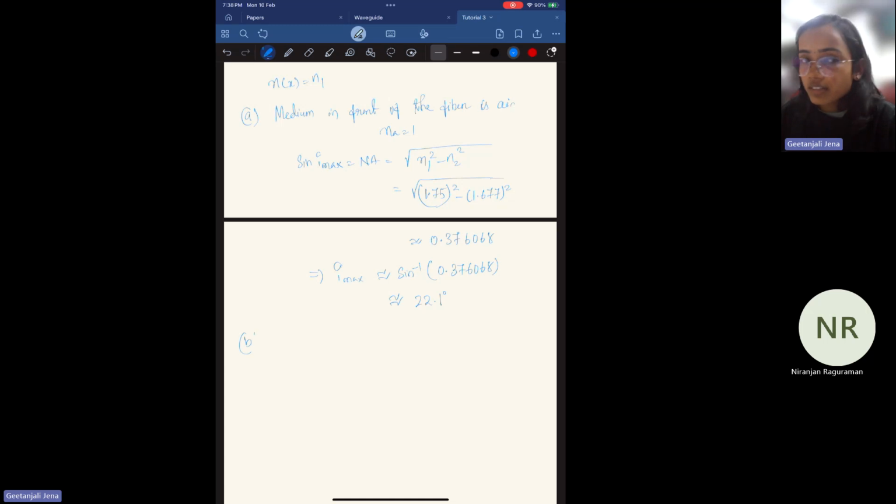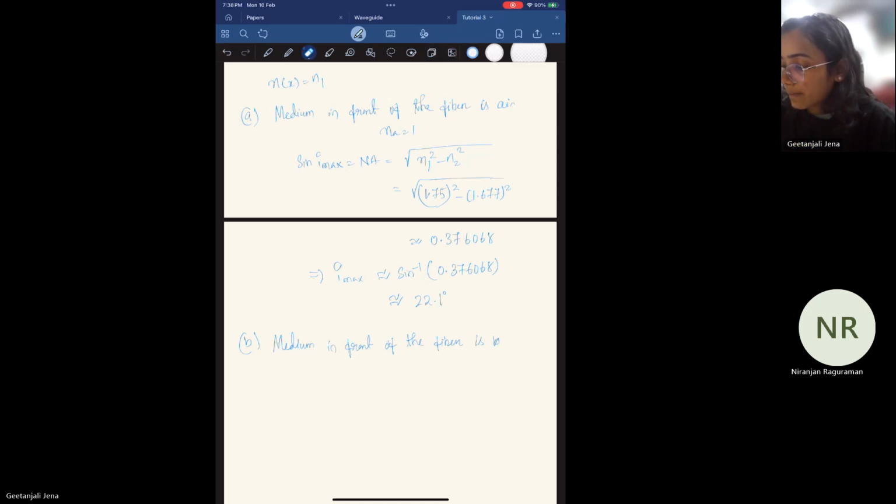Now for the second part, the ray is incident on the axial point only, but the medium outside is water. So n(x) will be n1, but the medium in front of the fiber is water, so na is 1.33.